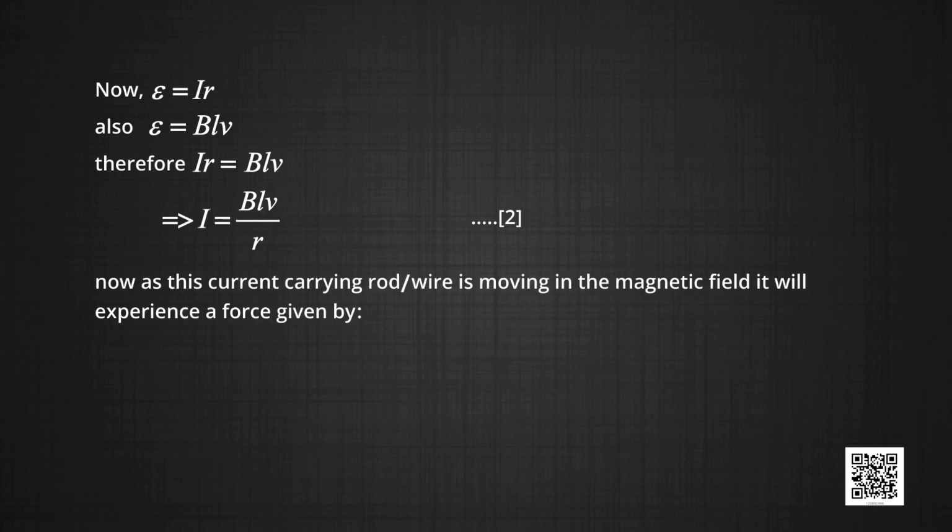Now, this is the current carrying rod and it is moving in the magnetic field. It will experience a force which will be given by F equal to I L cross B, which is equal to I L B sin 90 equal to BIL.